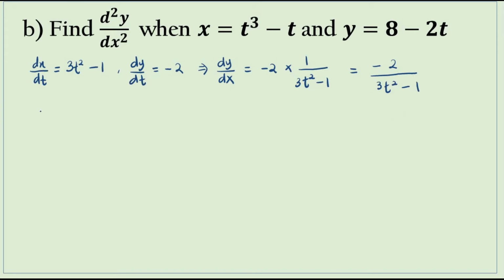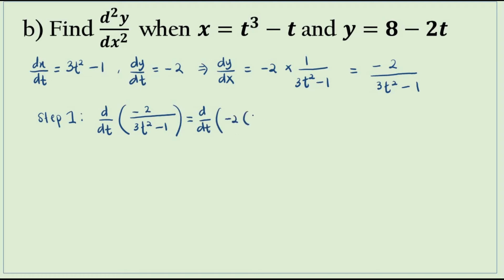Now, in order to find the second derivative, step number 1, we differentiate our first derivative with respect to t: d/dt of negative 2 divided by 3t squared minus 1. For this one, we have to apply the power rule, so we differentiate negative 2 times (3t squared minus 1) to the power of negative 1.